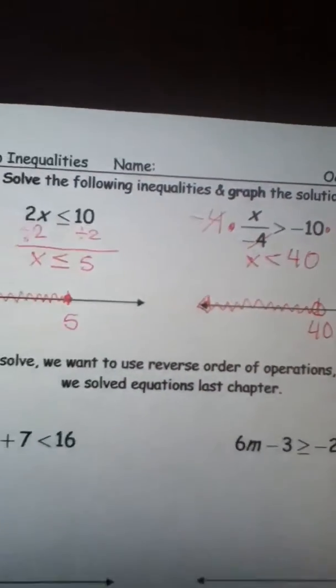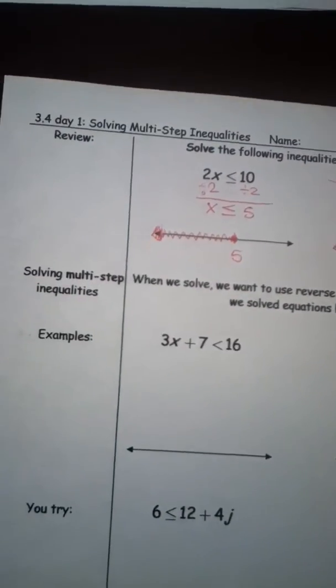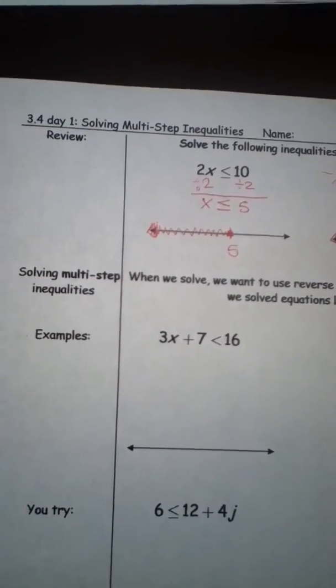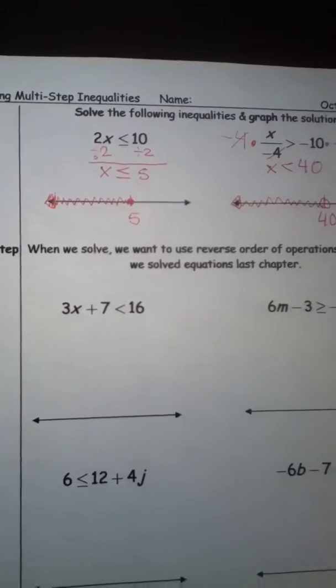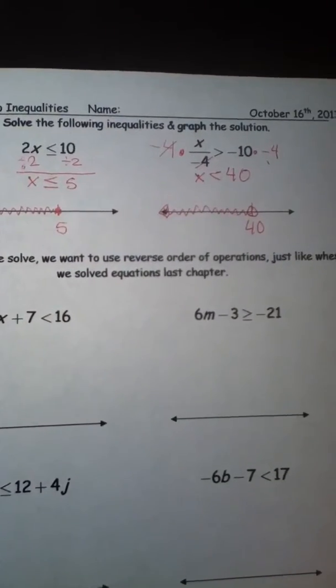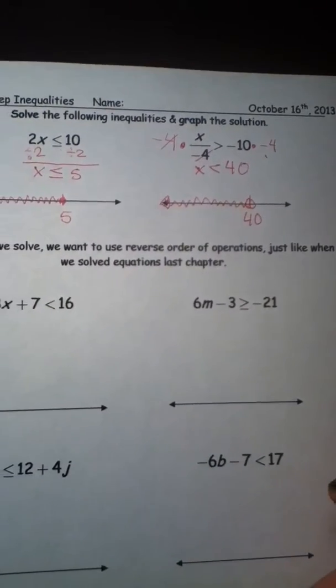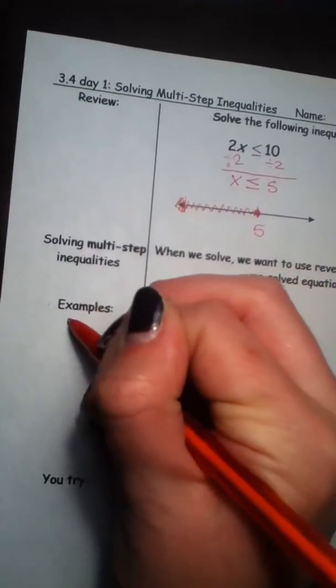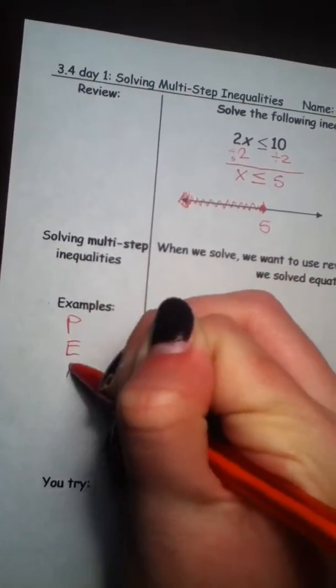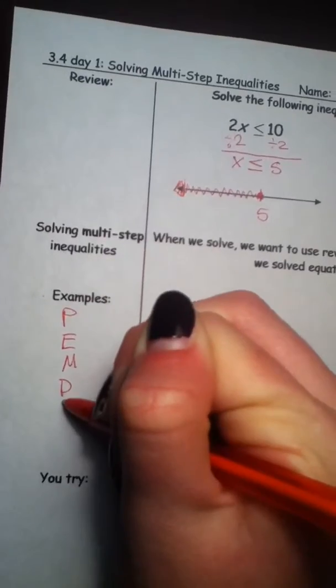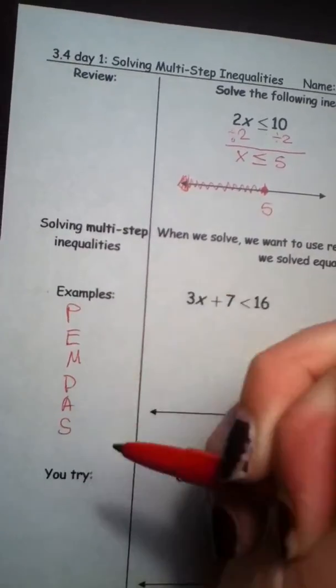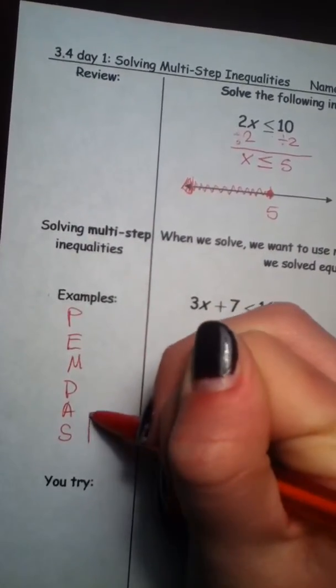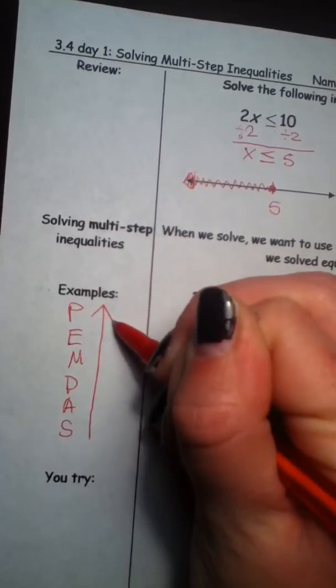Okay? Alright, so when we are solving now with multi-step, we need to think reverse order of operations. Okay? So we've got our order of operations, right? We've got PEMDAS. Please excuse my dear Aunt Sally, or whatever you used. Now we're going to go in reverse order.